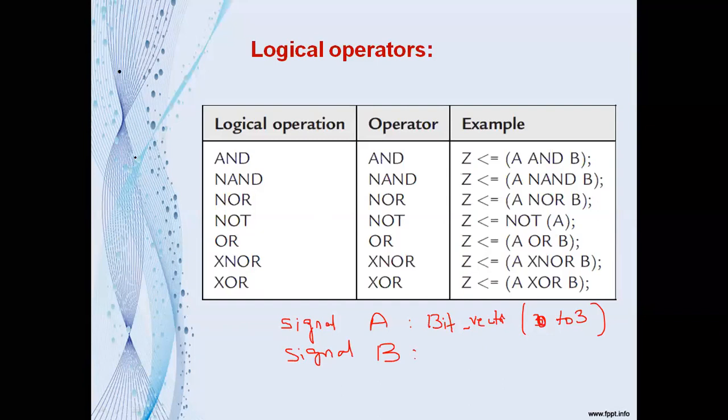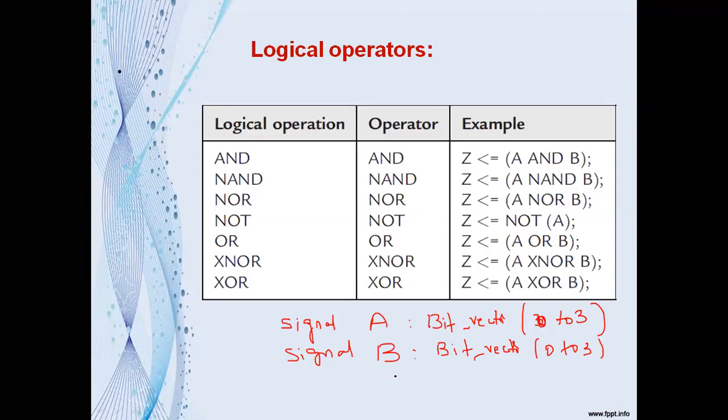So now I am declaring A and B as signal objects with a type of bit_vector, and the vector size is the same. We are taking the same size, 0 to 3, which means the size of the vector is 4.